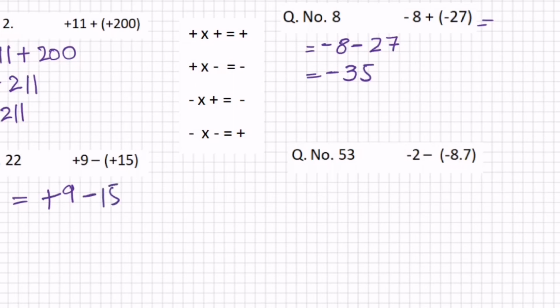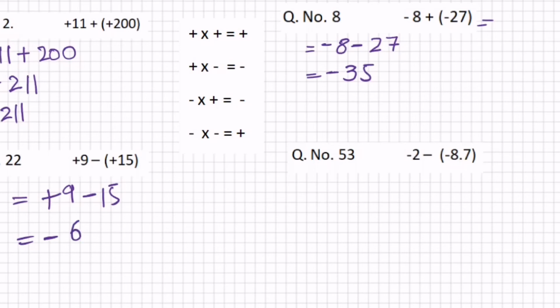Now look, both signs in questions number 2 and 8 were the same signs. But here the signs are different. So look here, which number is greater? 9 is greater or 15 is greater? So 15 is greater, and 15 has the sign of minus. So how much greater is it than 9? So this is 6.